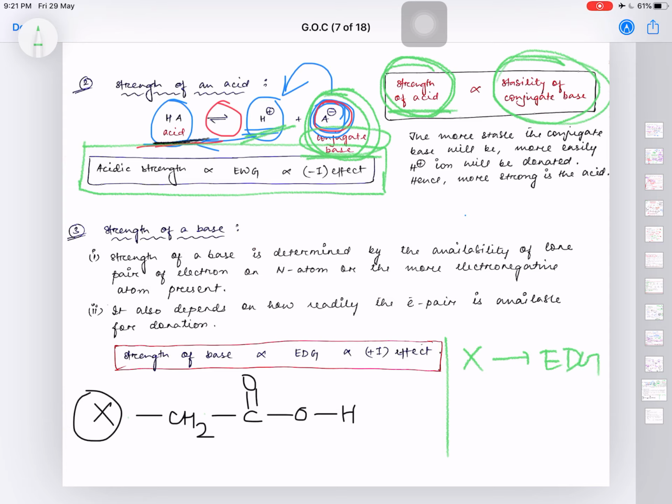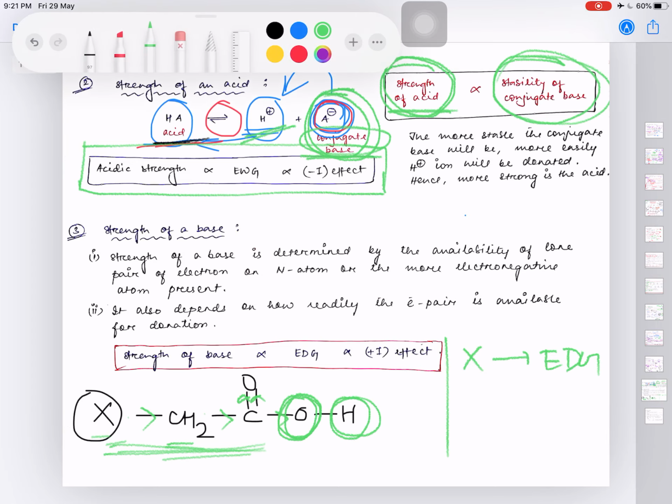If X is an electron donating group, it will donate electrons to CH2, CH2 will donate electrons to this carbon, and this carbon will donate electrons to this oxygen. So this oxygen is getting electrons from the left hand side. Oxygen is electronegative, but it is already getting electron density from the left hand side, so why will it take electrons from this hydrogen? It will not, because it is already getting electrons from the CH2 group and the X group, all the groups present on the left hand side.